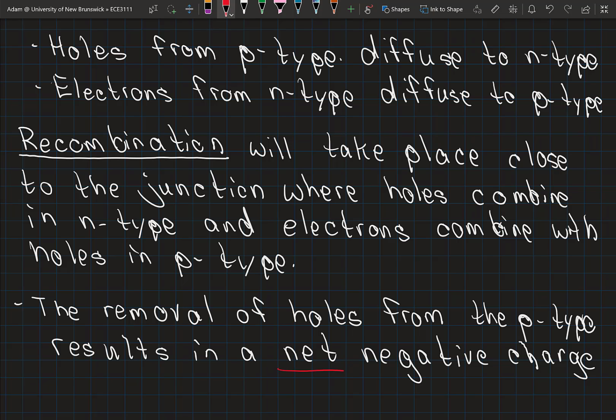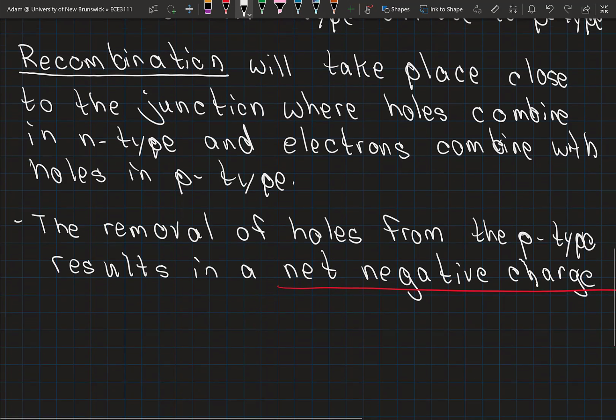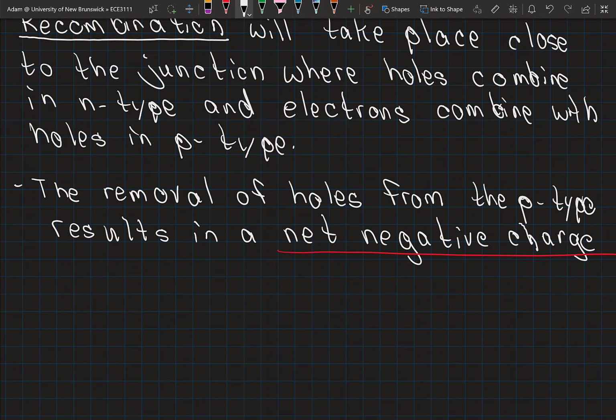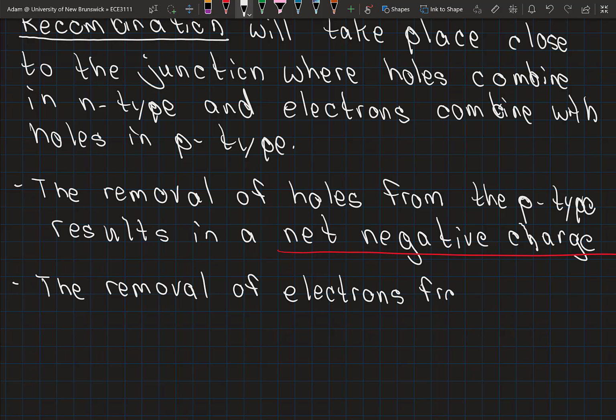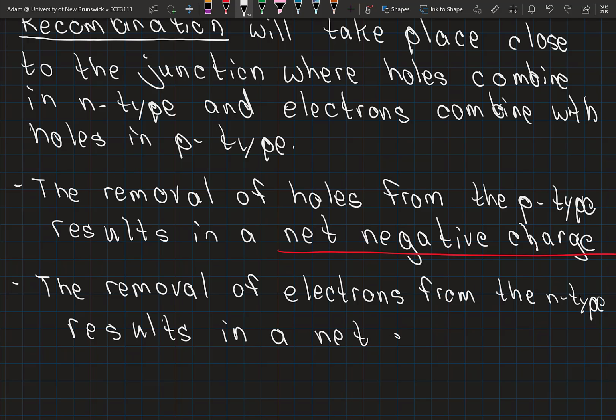So we end up with a net negative charge in our p-type due to those holes traversing across the junction, and of course the opposite will occur, the removal of electrons from the n-type results in a net positive charge.